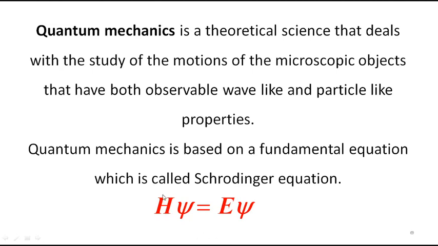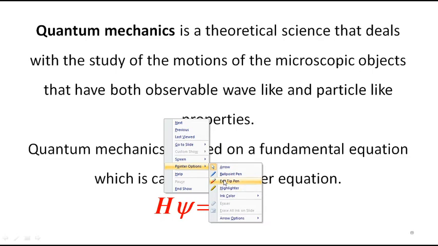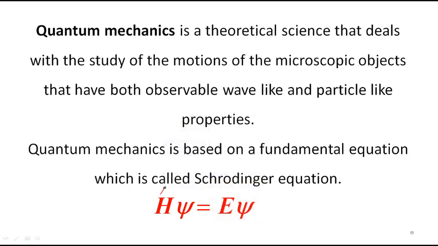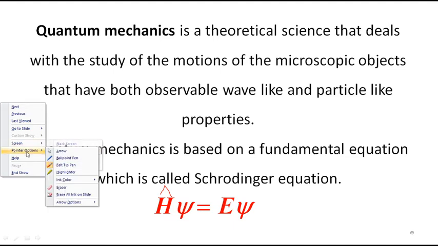H cap, actually this H should have a small cap symbol, like this. H cap psi is equal to E psi. H cap means an operator. Operator means any function like differentiation or integration.